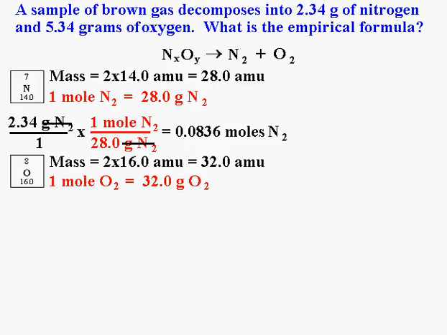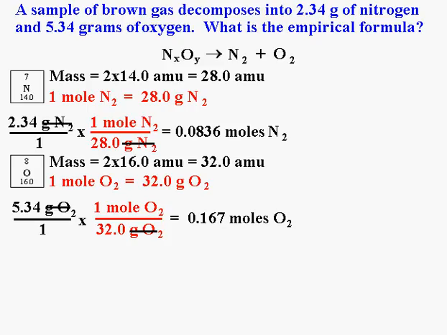That means 1 mole of O2 has a mass of 32.0 grams. So that's our conversion relationship. We take the number of grams we have, 5.34, multiply by the conversion relationship with grams on the bottom and moles on the top. That way grams cancel and leave moles. And we find that the chemist produced 0.167 moles of O2.